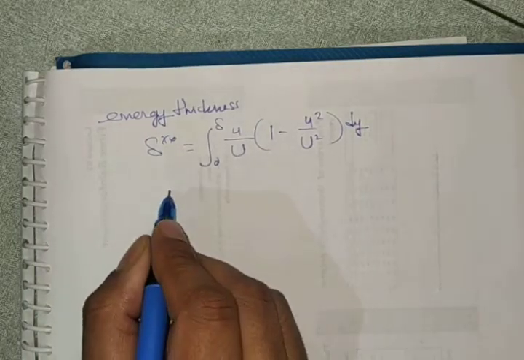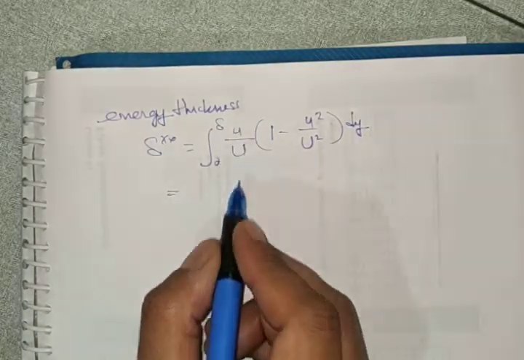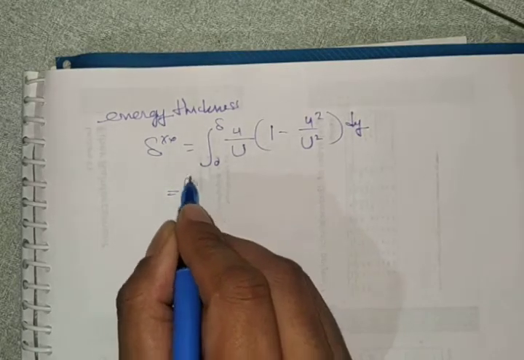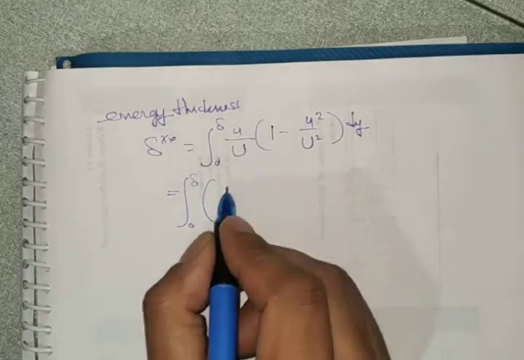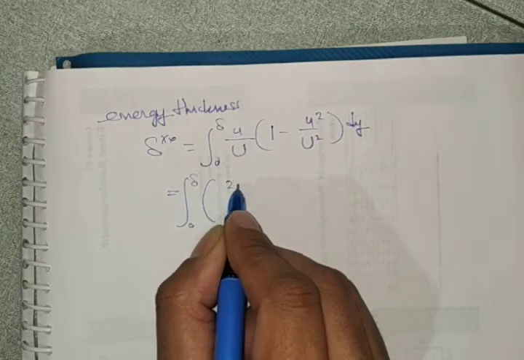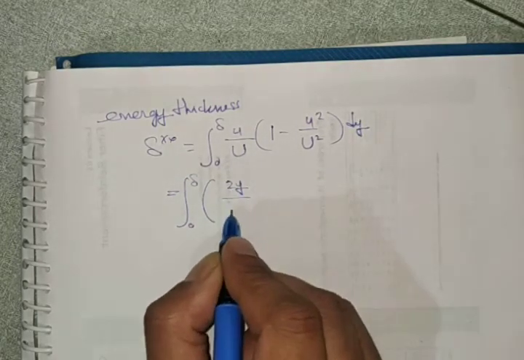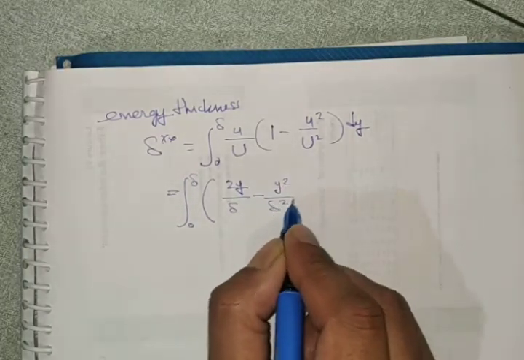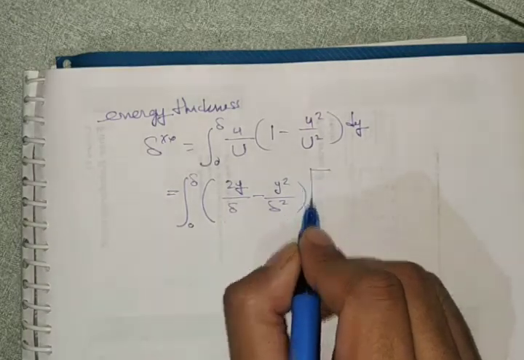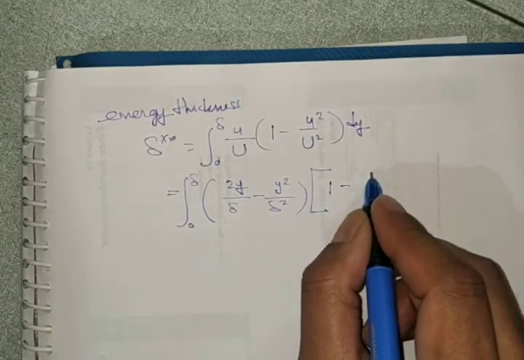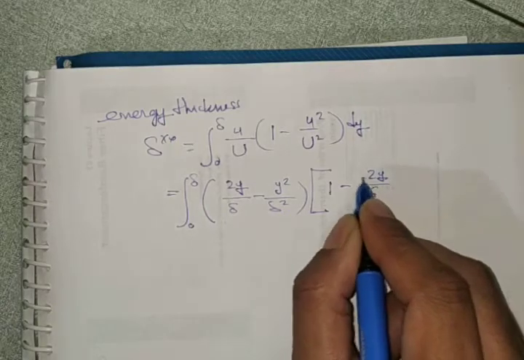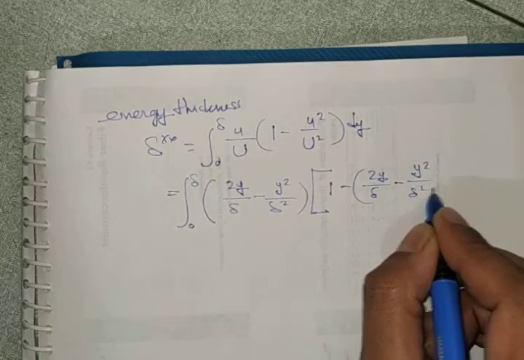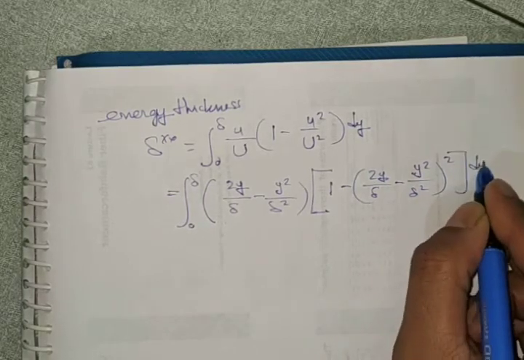Now you have to put the value of small u by capital U in this equation. Integration 0 to delta, so it will be 2 y by delta minus y square by delta square, into 1 minus (2 y by delta minus y square by delta square) whole square, dy.